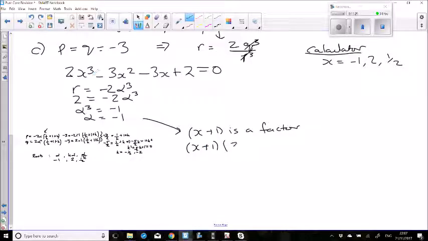We know it's going to have to be 2x squared to make 2x cubed. We've got +2 here, so it must be +2 at the end. And now we just make this balance, so that gives us 2x cubed plus 2x squared. We want -3x squared, so it must be -5x in the middle.